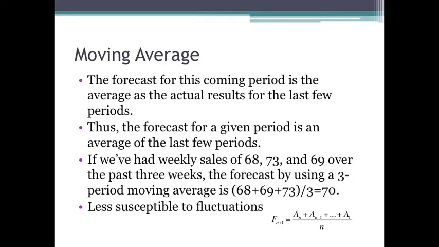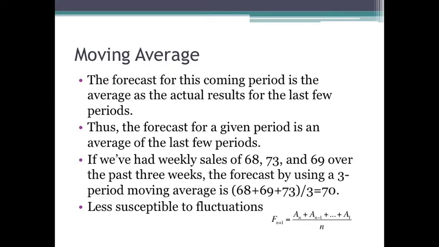So because of this, what we generally do, instead of taking the most recent time period as we do with naive forecasting, is look at the last 3 time periods, or the last 5 time periods, or however many time periods. And this we call moving average.